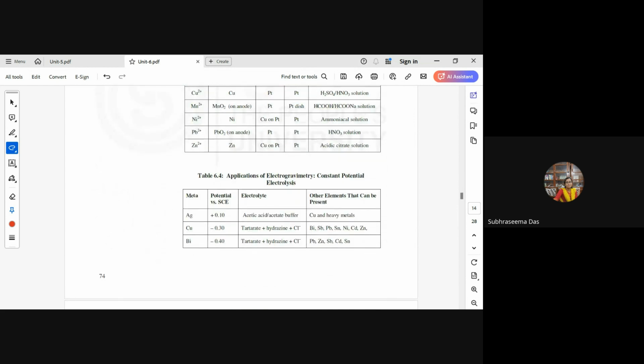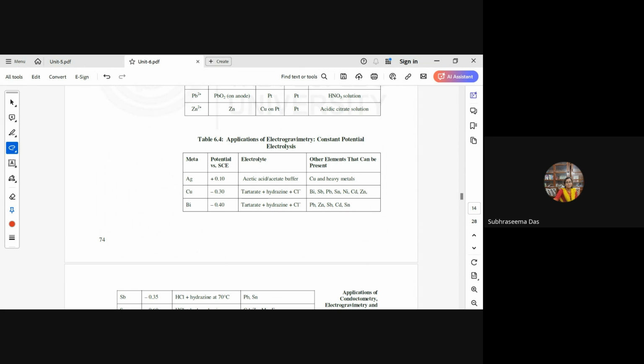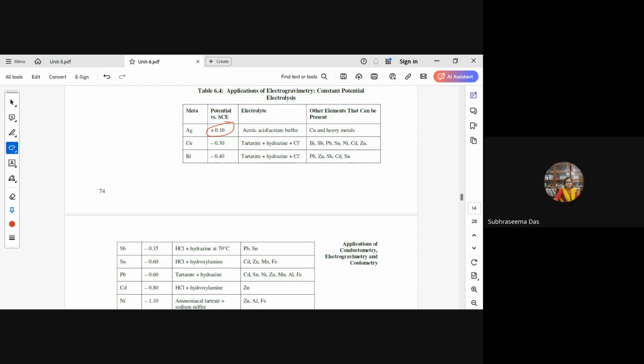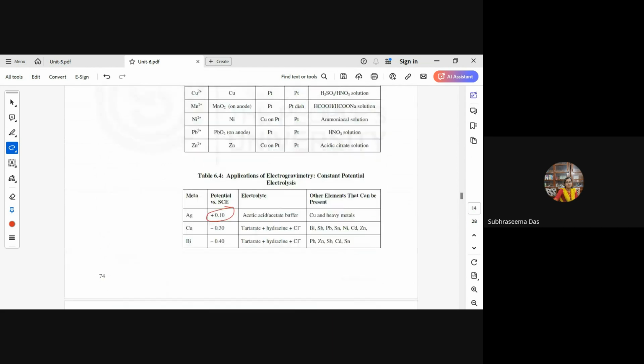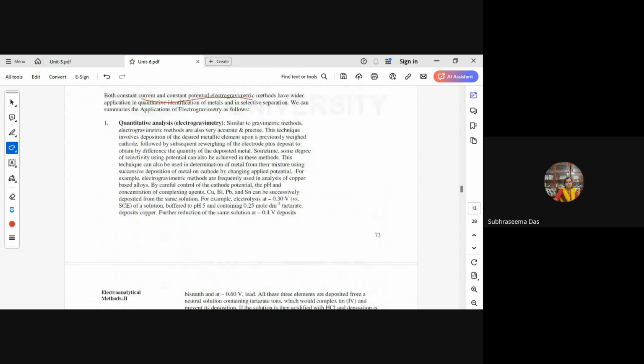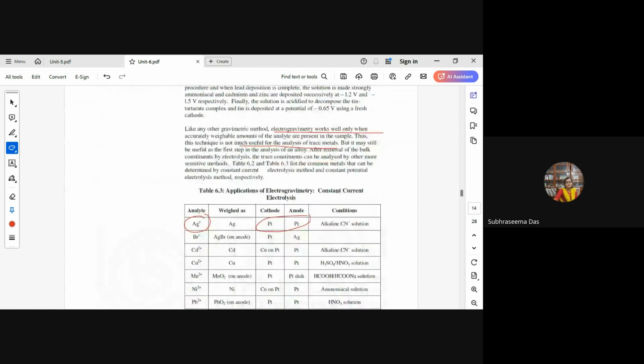For constant potential electrolysis, Ag is taken as analyte. The potential versus SCE is kept constant at plus 0.10. The electrolyte taken is acetic acid and acetate buffer, and copper and other heavy metals that could be present have been indicated. So this is one use of quantitative analysis of electrogravimetry.